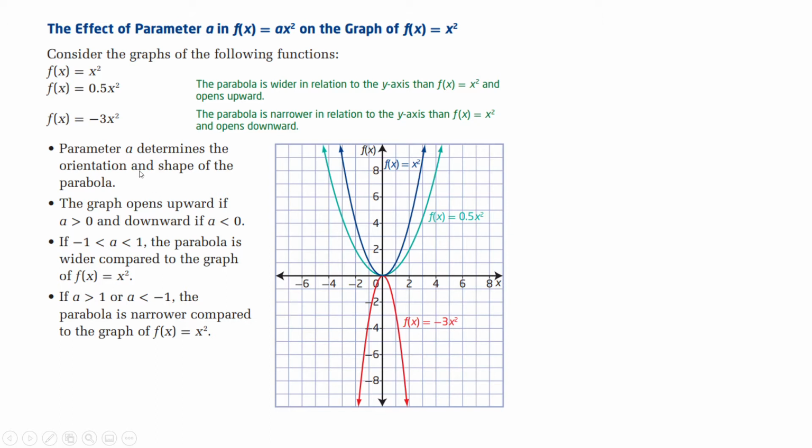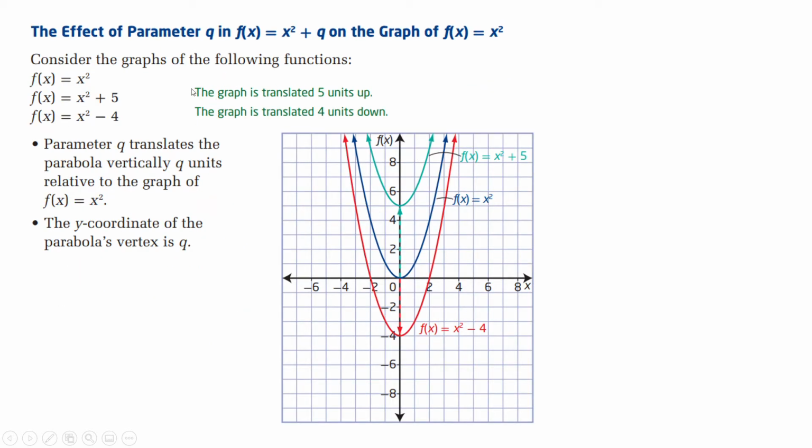So here we can summarize that the parameter a determines the orientation and shape of the graph. When a is greater than 0, it opens upward, and when a is smaller than 0, it opens downward. And when the absolute value of a is smaller than 1, the parabola becomes wider, and when it is greater than 1, the graph becomes narrower.